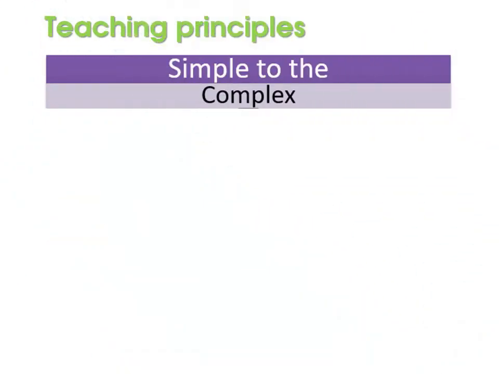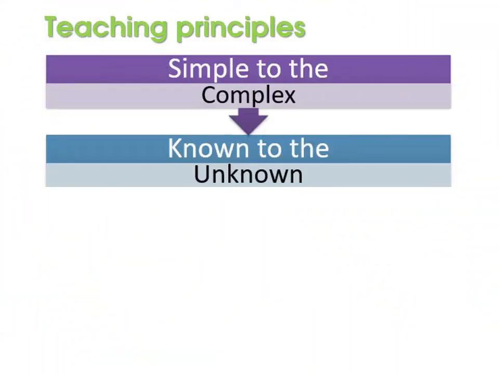When teaching 2D and 3D shapes or objects or any other maths concept, you should remember to follow the principles of teaching. This means that you should begin with simple problems so that children can build their confidence and only then move to the difficult, complex problems. Begin with what children know and only then move to teaching the unknown content.